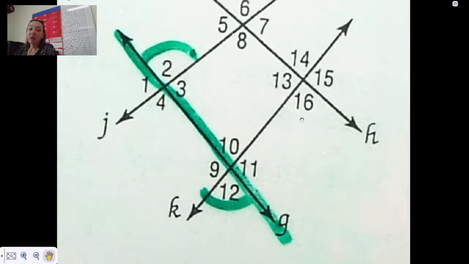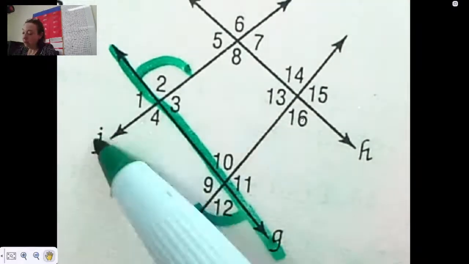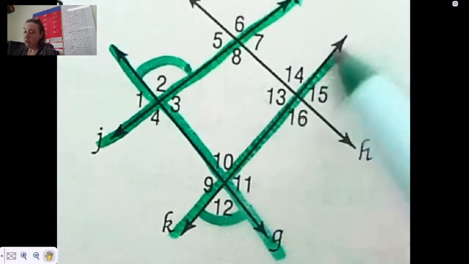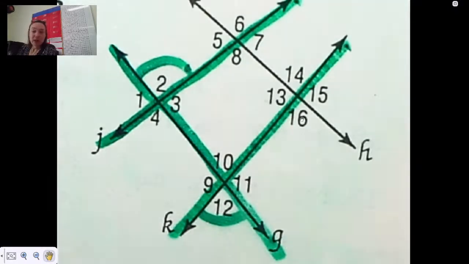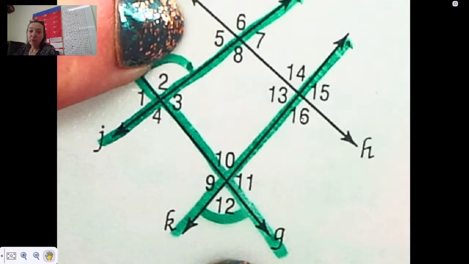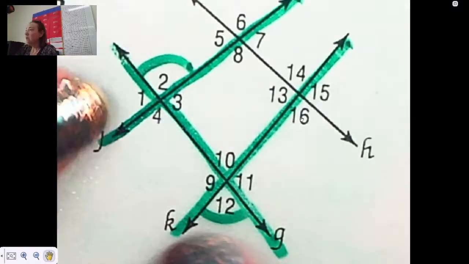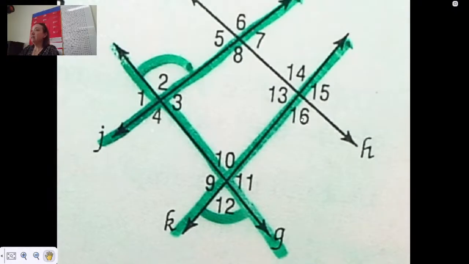What other lines are we dealing with? J and K. That's what makes the angles, right? So, what side of G are these on? Are they alternate or are they same side? Alternate. Are they inside or outside? Outside, J and K. So it's alternate exterior.